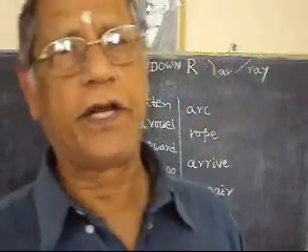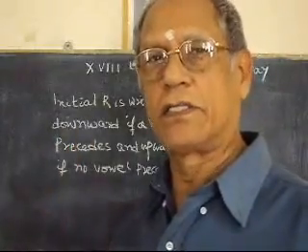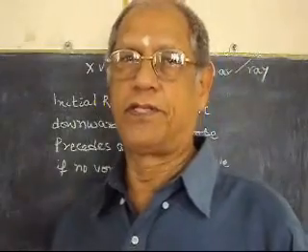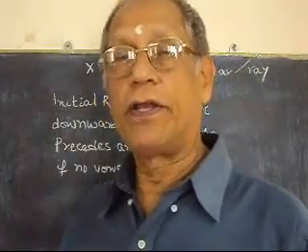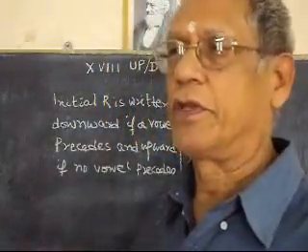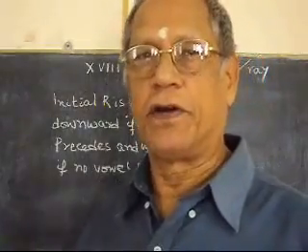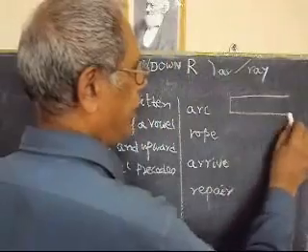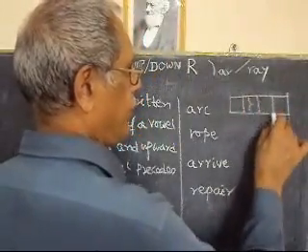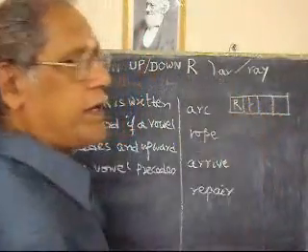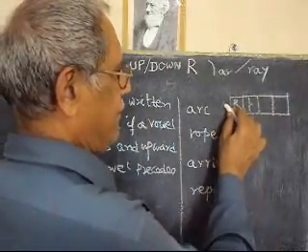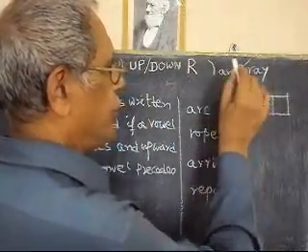As we have already studied, initial R is written downward if a vowel precedes and upward if no vowel precedes. Initial R means in the word the first consonant must be R. Then before that, if there is a vowel, use the downward form.